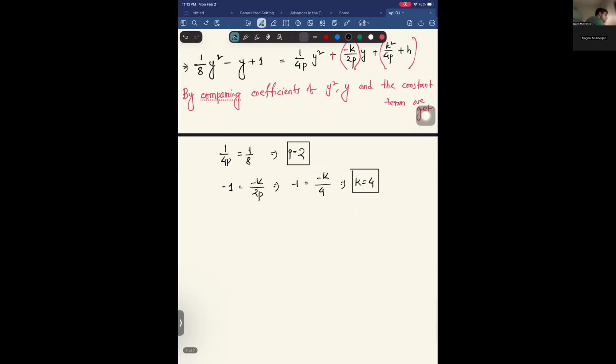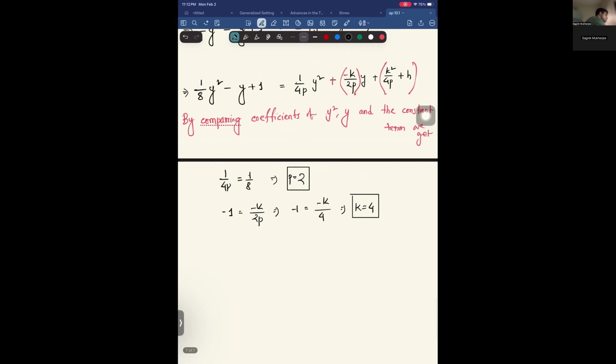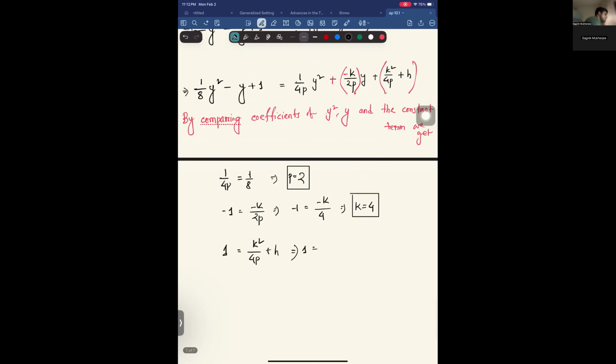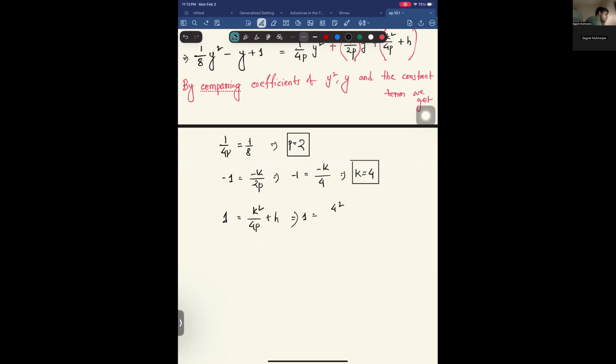And finally, if I compare the constants, what do I get? 1 is equal to k squared over 4p plus h. But you already know k and p from the previous calculation. This is 4 squared over 4 times 2, plus h. This is 2 plus h. So h is 1, right?